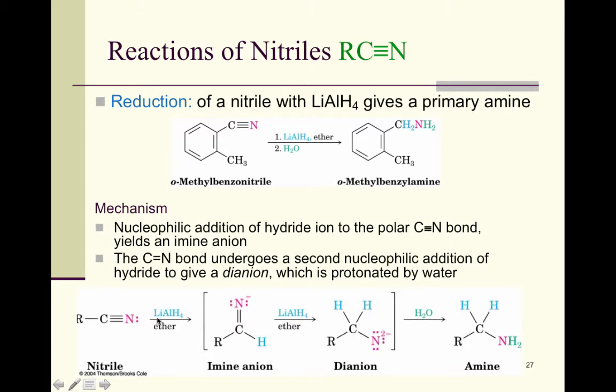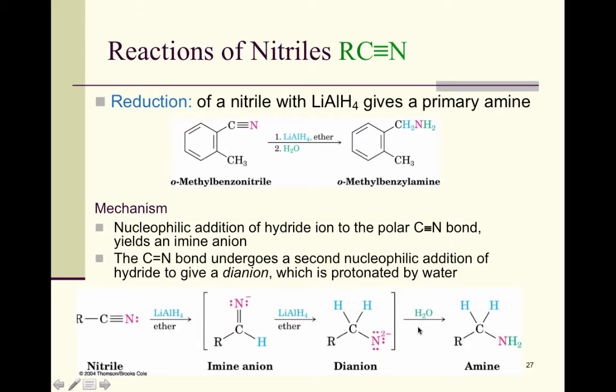The mechanism of how this works is the lithium aluminum hydride in ether will cause the carbon and nitrogen to form an imine anion. More of the reducing agent will cause the nitrogen to have a single bond but a -2 charge and form a dianion.